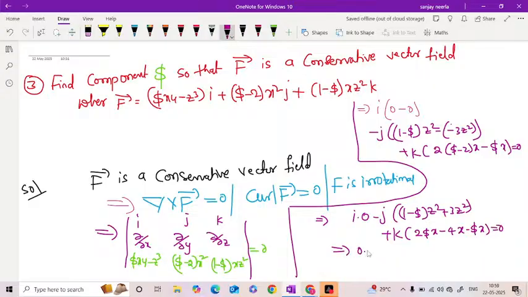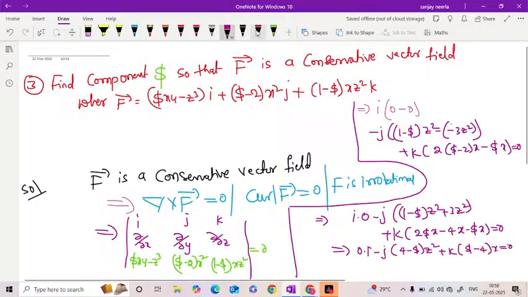So i into 0 minus j into 4 minus z square, plus k into minus 4 into x is equal to 0. After comparison, we will get that 4 minus the parameter is equal to 0. After comparison, now the parameter is equal to 4.